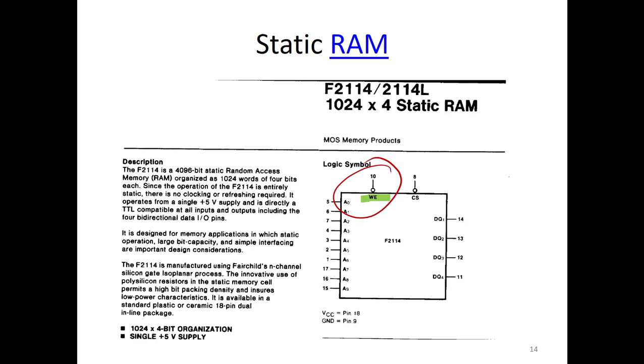So when that write enable signal comes in, this will take whatever data is being presented here and write it to memory. So write enable is our 0 to 1 clock, or register write input, and it'll take that information and write it. And where it'll write it will depend on your address lines.